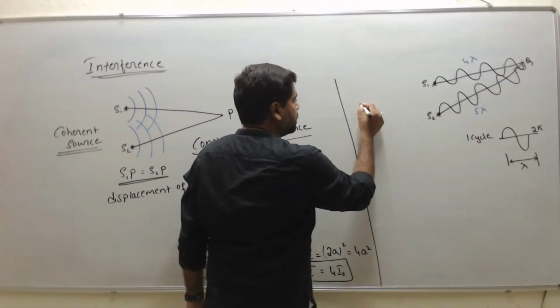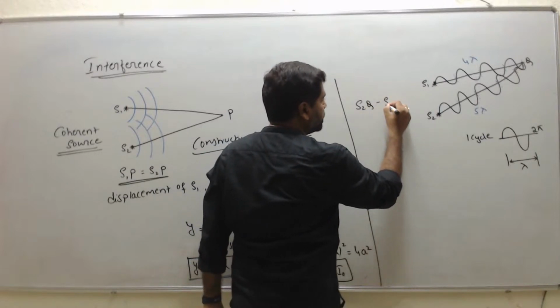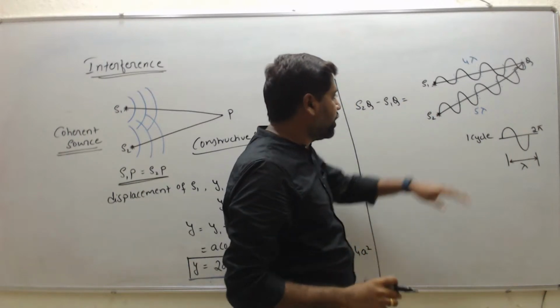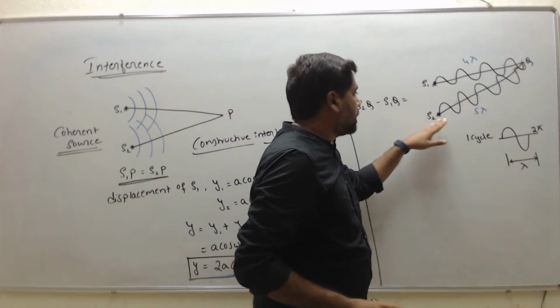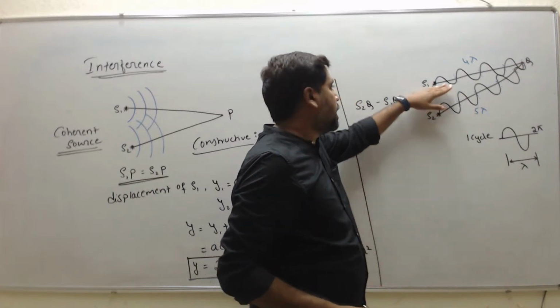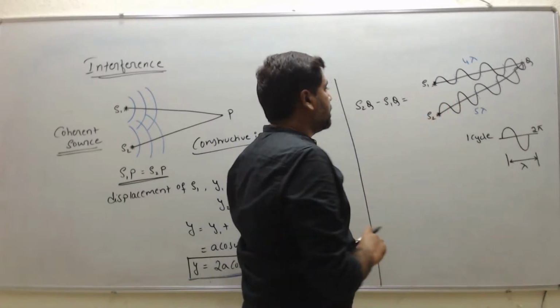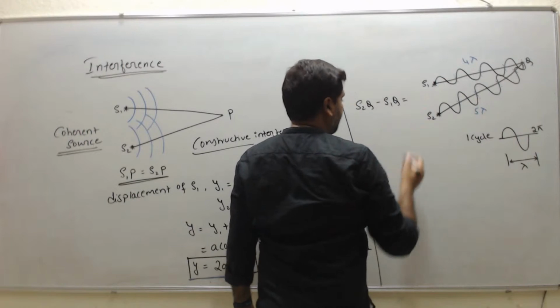Then if we write S2Q minus S1Q in terms of path length, 5 lambda is the path length of S2 and 4 lambda is the path length of S1, so the difference is 5 lambda minus 4 lambda.